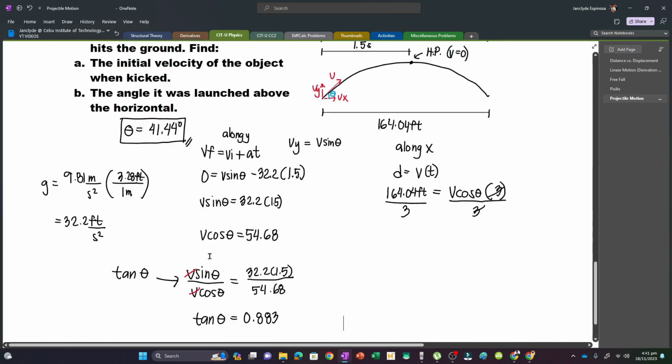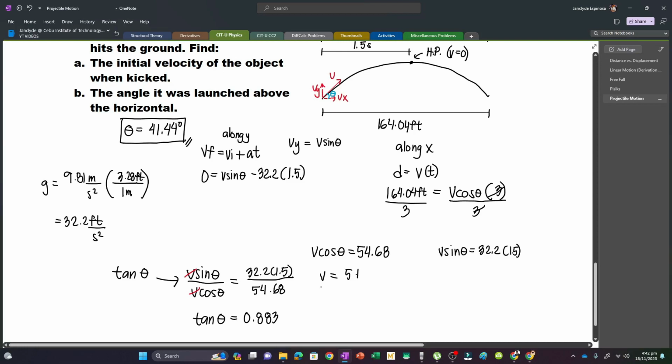Now, we can use any of these equations, since we already have theta. Let me show you both. If you substitute into this one, V is equal to 54.68 divided by cos theta.